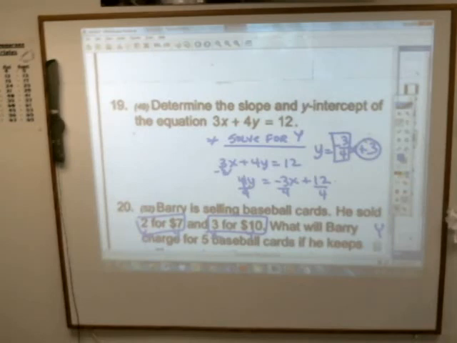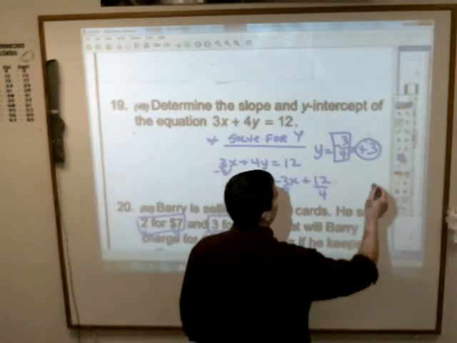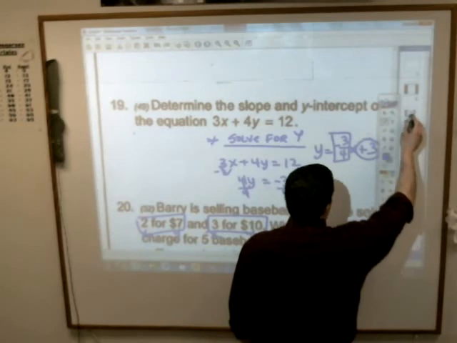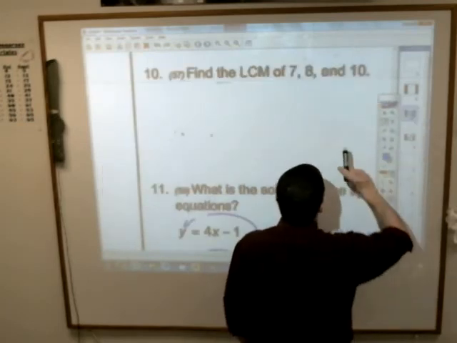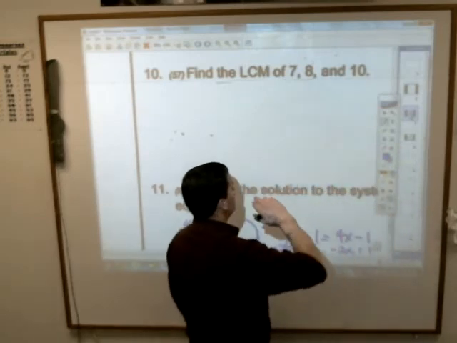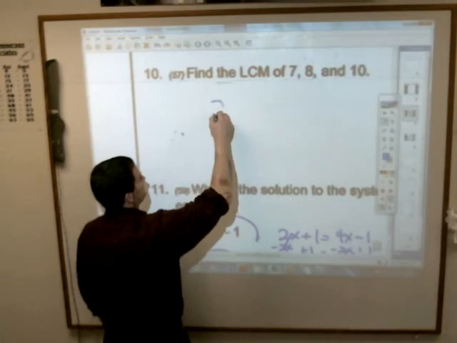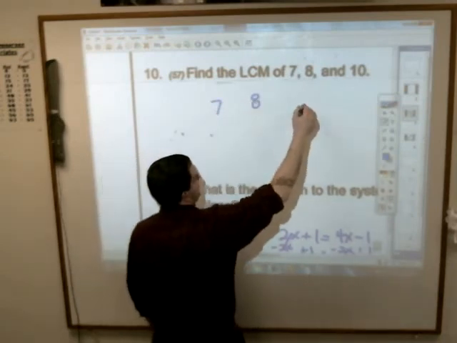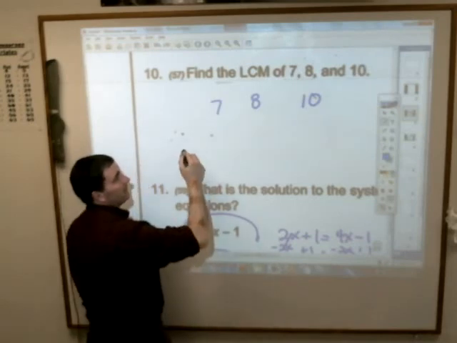Okay, now, another one. I got it right, but what's the fast way to do it? Sometimes there aren't faster ways. Rather than making all the multiples, the only faster way that maybe would work is step number 1, prime factorize.